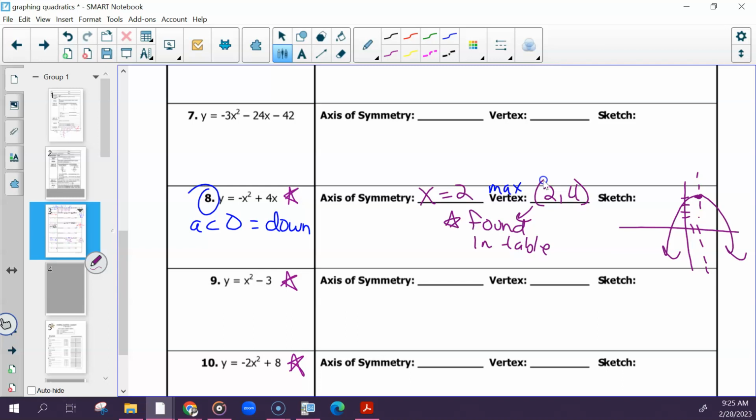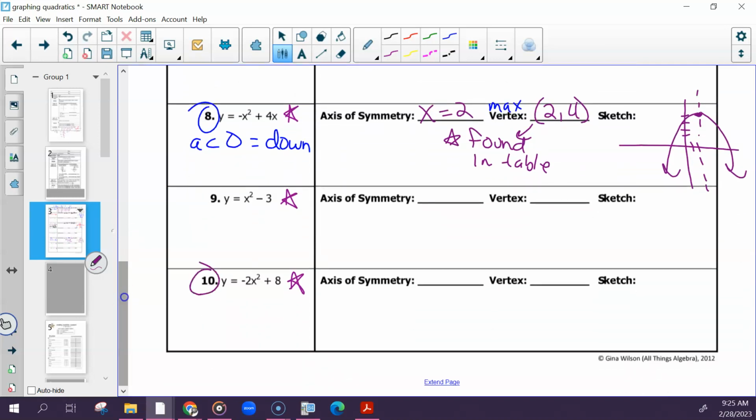We don't want magic math to appear. Show how you found it, either algebraically, in the graph, or from the table. Any others from this page before we get into actual graphing examples? 10. Which method do you want to use?